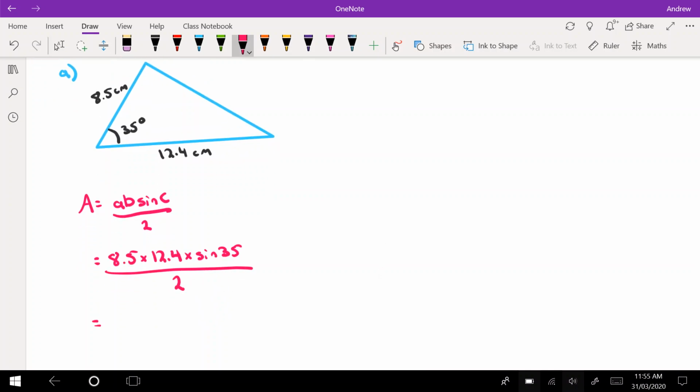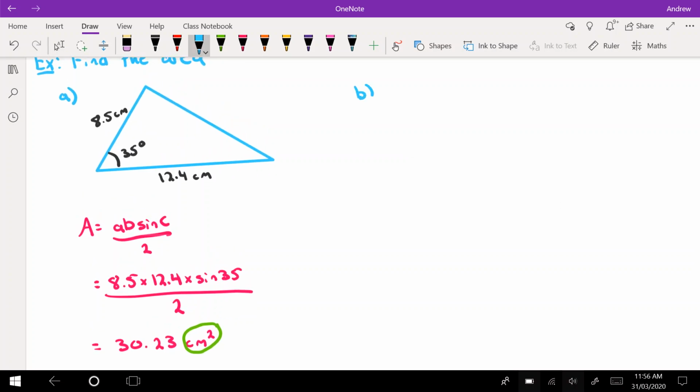And that is going to be equal to 30.23 centimeters squared. We are finding the area of our triangle, so you always still have to include area in your final answer. We need that unit squared at the end. If you don't have unit squared, guys, you will probably lose a mark. It's year 11 methods. You need to know that you need to put units in your measurement answers.